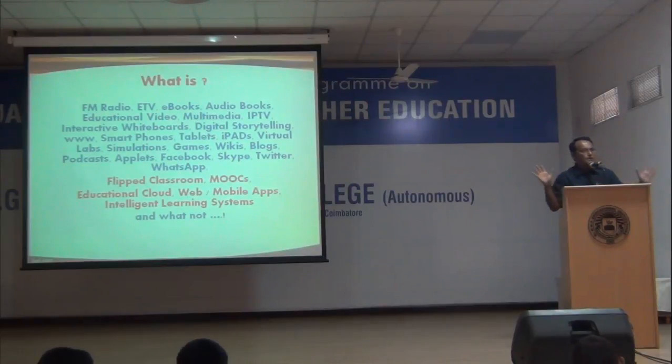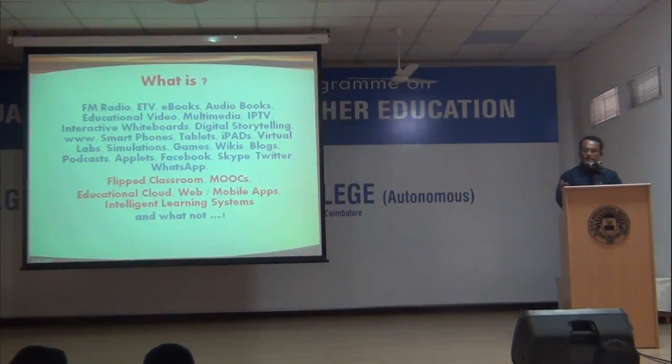They are not passive environments where they sit and listen or pretend to be listening. It becomes a very active place where, one of the important research findings in psychology says that the learner's learning capacity and learning readiness goes up to 92, 93% level when the classroom is very active.